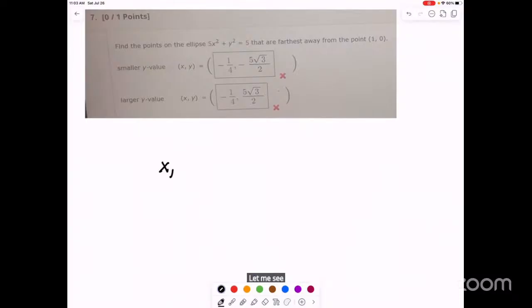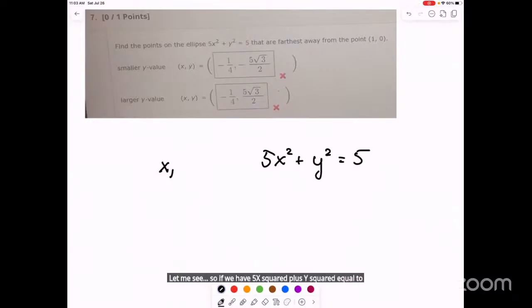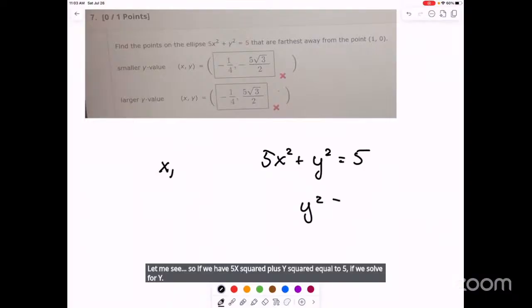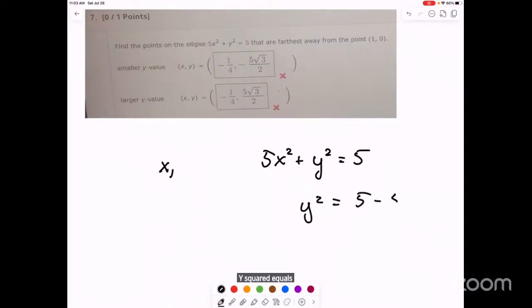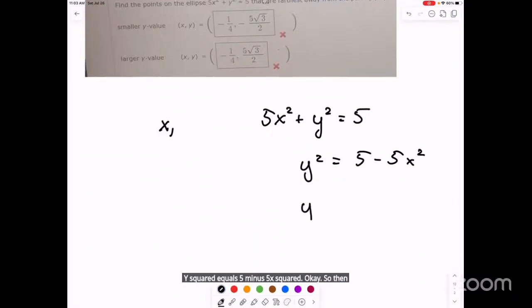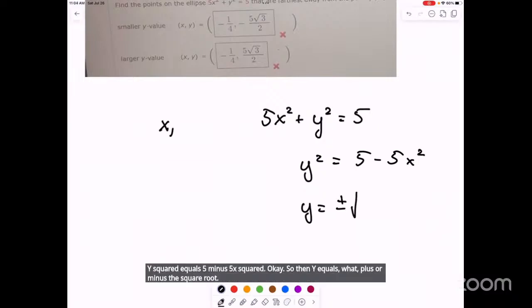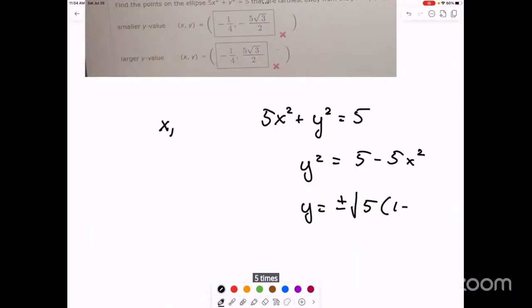If we have 5x squared plus y squared equal to 5, then y squared equals 5 minus 5x squared. Okay. So then y equals plus or minus the square root of 5 times 1 minus x squared.